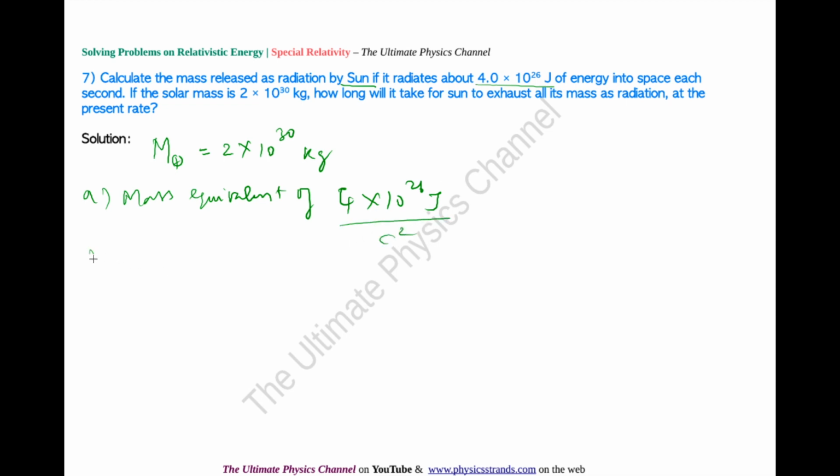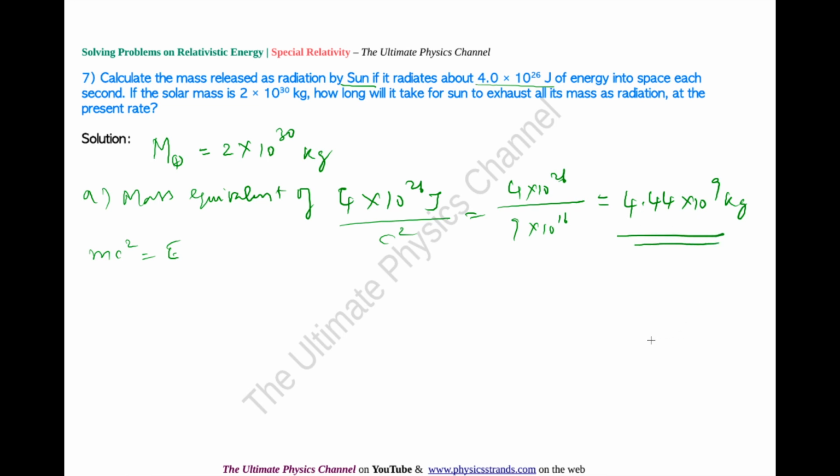So we have the expression mc squared is equal to the energy. The mass energy equivalence is brought in here. So we have 4 into 10 power 26 over 9 into 10 power 16, and that would be 4.44 into 10 power 9 kilograms. This is like 4.44 billion kilograms. That is the mass that the sun loses every second as radiation.